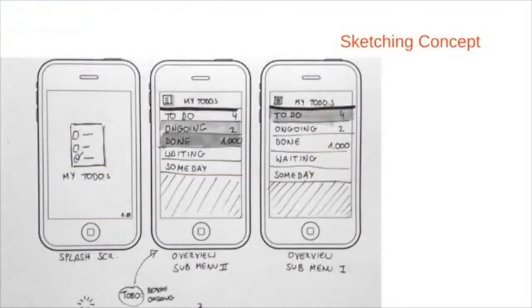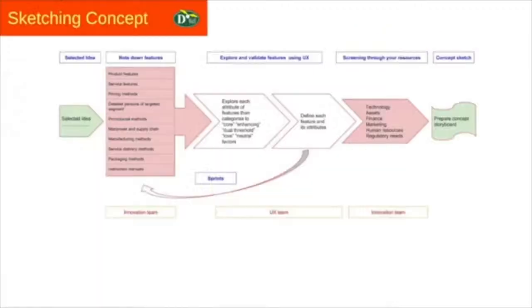Then we go to the next stage, sketching the concept. From these ideations, the ideas get prioritized and we select one of the best ideas the client can develop and start sketching. Here also we are using a model for sketching the concept. The model starts with the selected idea, then the output will be a concept storyboard.